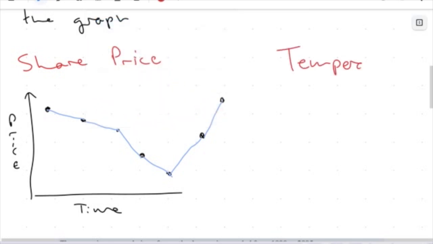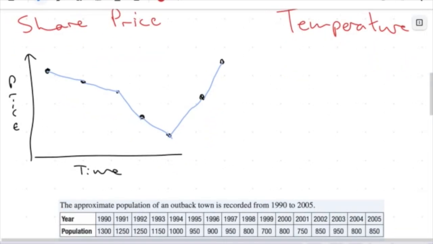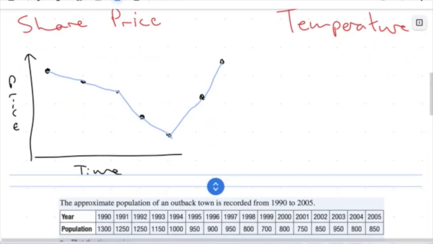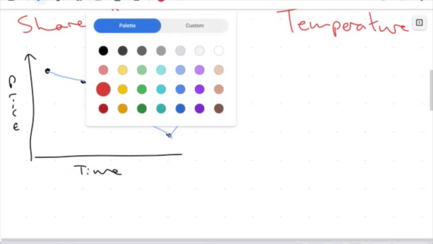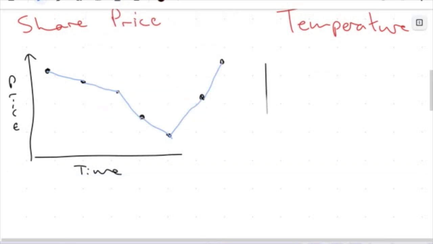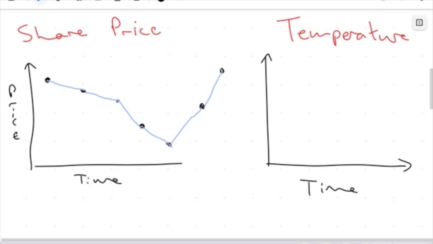So say we've recorded the temperature in one particular month, and we once again draw up our axis. Let's shift this up a bit, and on our horizontal we're always going to put time, because my variable in question, whether it's temperature or share price or anything else, is changing with time.